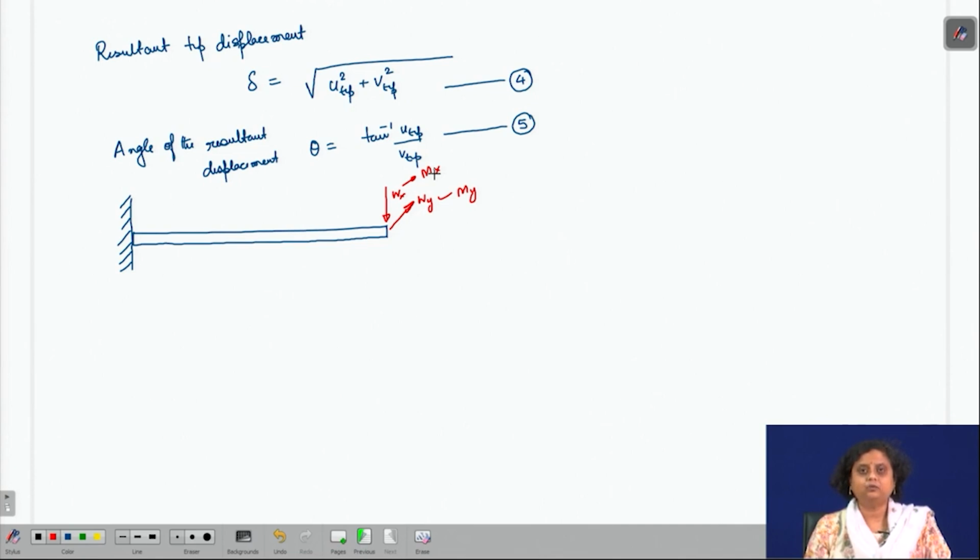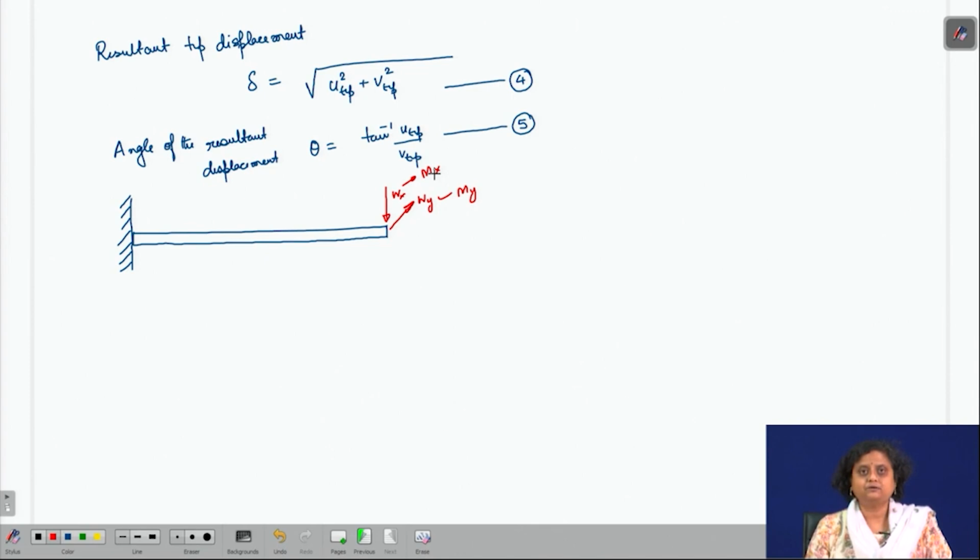The calculation will become rigorous and much more complicated, but it's always a doable problem. So even if we have both mx and my, we can easily solve the problem by using the same procedure that we have discussed. In many cases, in addition to this, the tip displacement will also depend on the boundary conditions of the beam.